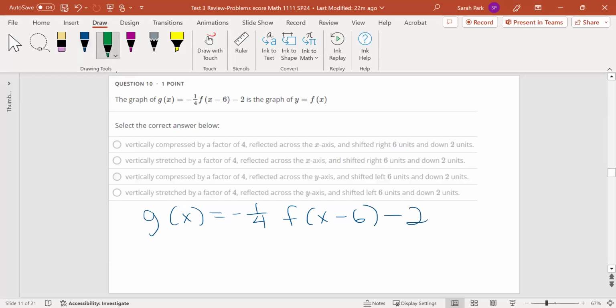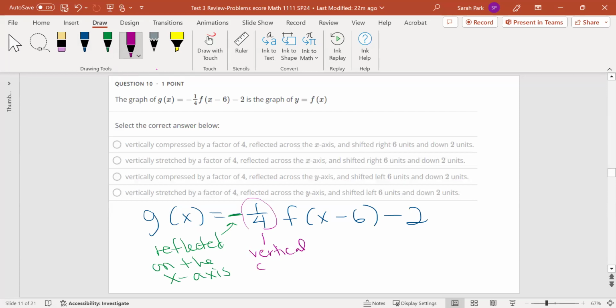Okay, so the negative again here tells me it's reflected across the x-axis. The 1/4 tells me that it's a vertical compression by a factor of 4.